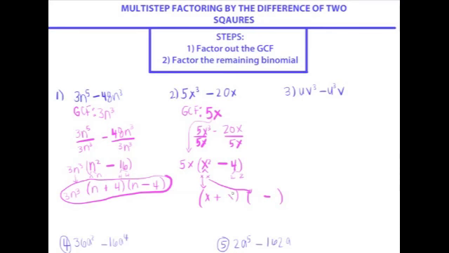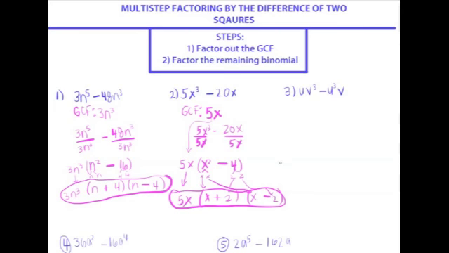So x, an x there, x there, sorry, 2 drops down there, and then 2 drops down there, and I drop this 5x down here, sorry, and we circle this up, okay, so the final answer is 5x times x plus 2, x minus 2. So here's my GCF, and then here was the binomial that we factored out.